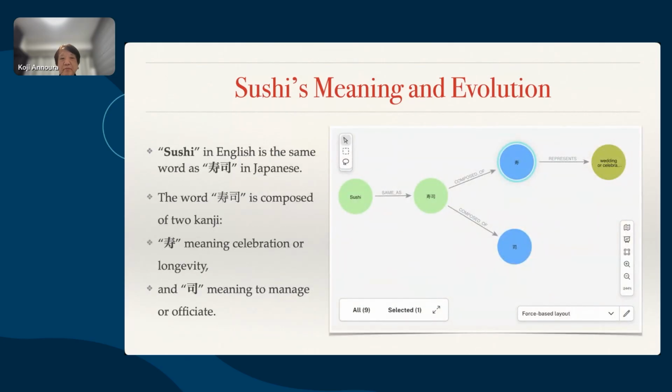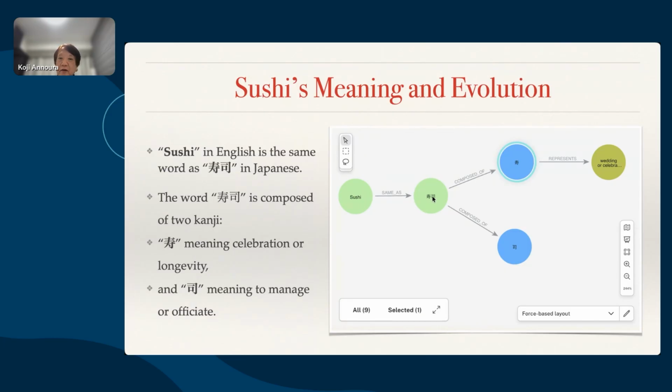So language changes. Sushi is English. It's the same word as sushi. Okay, Japanese kanji. I think it comes from China. You see the picture of this, Neo4j and sushi, same as sushi.